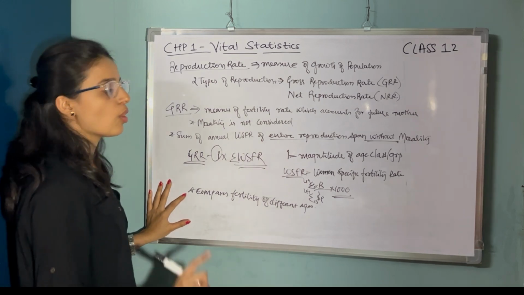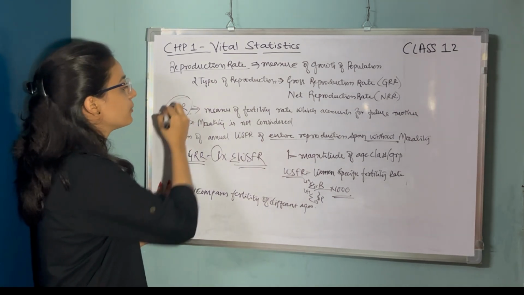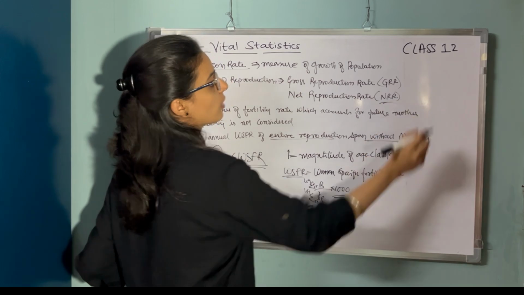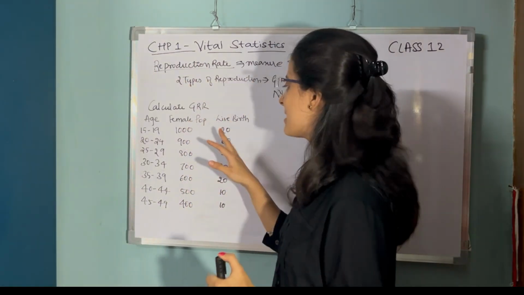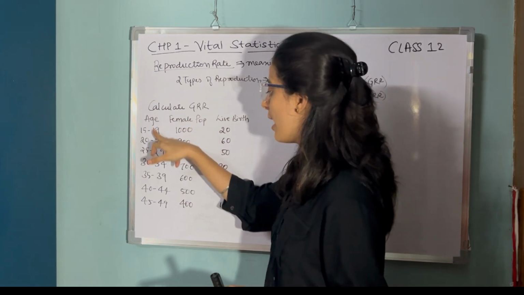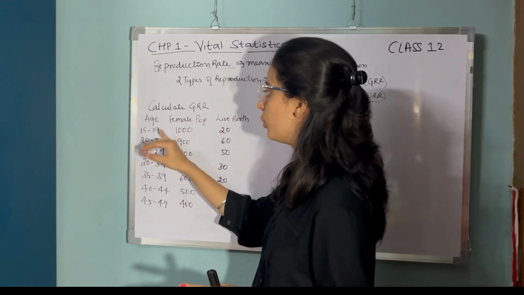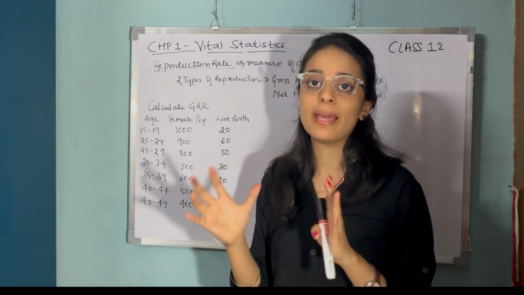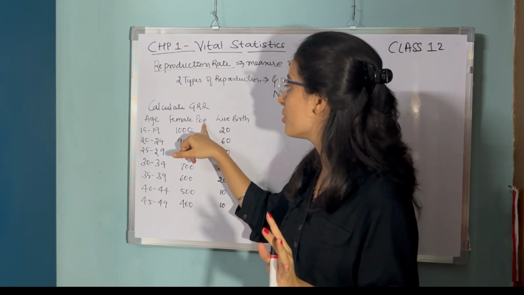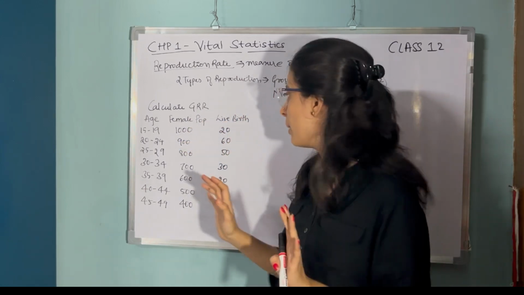Let's quickly solve one problem related to GRR and then look into what is NRR. Here we have a problem which says calculate GRR, with age groups given like 15 to 19. It's only about childbearing age, female birth and female population.